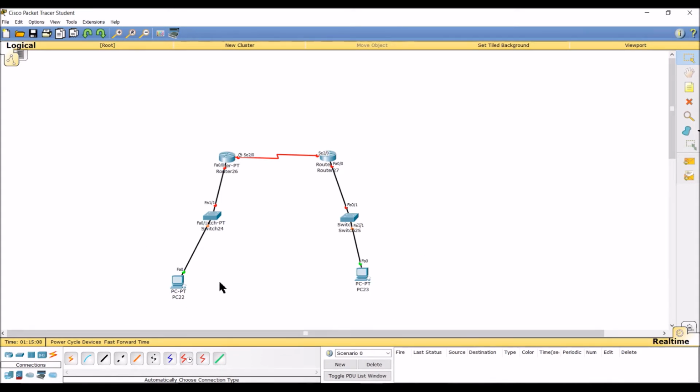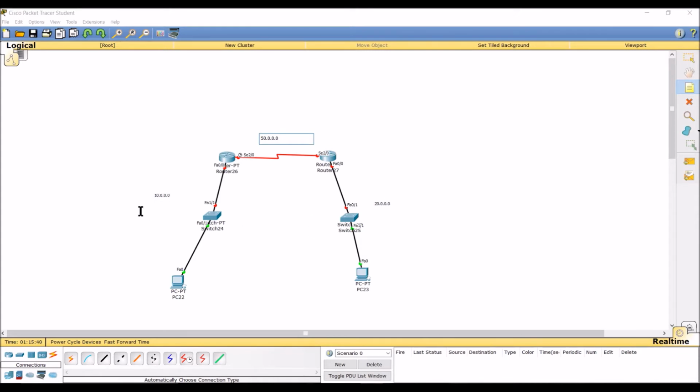For this network we are going to consider the class A network as 10.0.0.0, for this network 20.0.0.0, and for this network, let's say, 50.0.0.0. Okay.